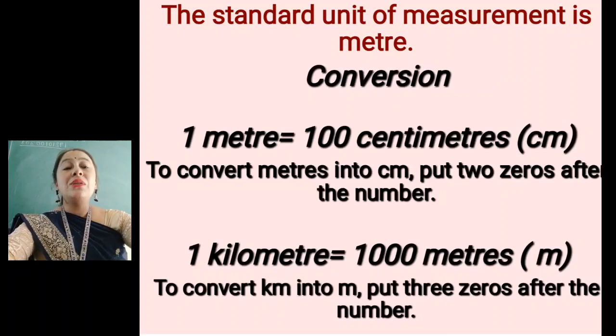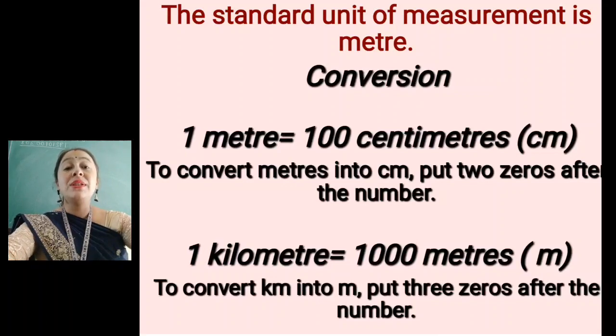So, you know that 1 meter equals 100 centimeters. We have already done this in our another book, 1 meter equals 100 centimeters. So, to convert meters into centimeters, you have to put 2 zeros after the number. For example, 2 meters equals, you will write 2 and double 0. Now 1 kilometer equals 1000 meters.